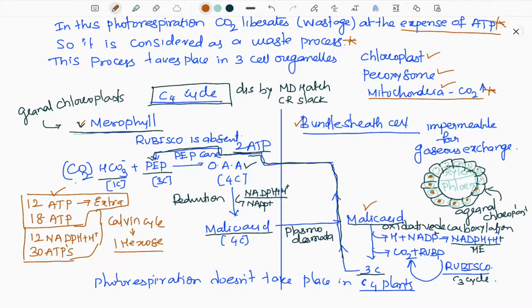In terms of temperature also, C4 plants can sustain high temperature in the tropics. So we come to one conclusion that C4 plants are more evolved than C3 plants, and they prevent photorespiration by keeping Rubisco in airtight chambers, namely bundle sheath cells.